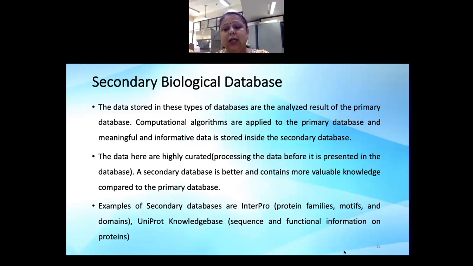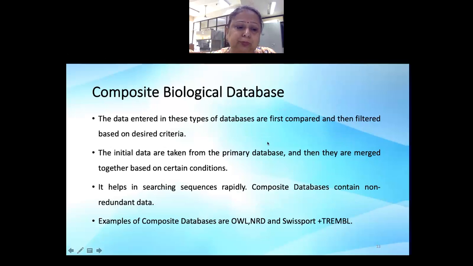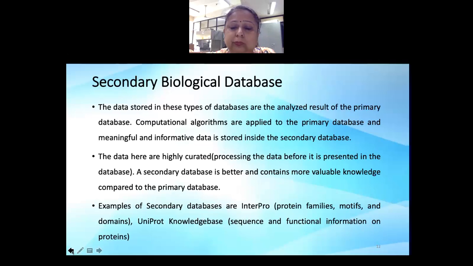So we have seen that primary databases contain information from experimentalists and the data is non-curated. But in the case of secondary databases, the data is curated now, means it has been used to find out some other information, and much more information has been gathered. Now the data is being curated.